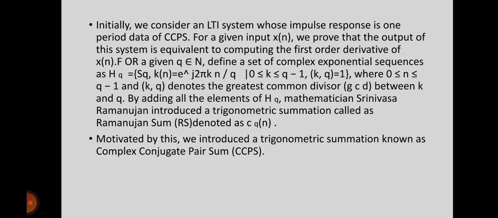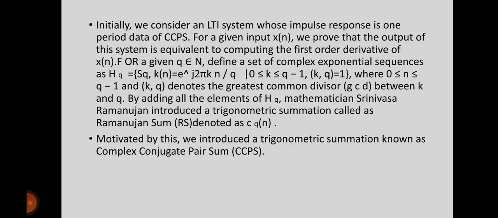By adding all these elements of H q, the mathematician Srinivasa Ramanujan introduced the trigonometric summation called the Ramanujan sum, shortened as RS, and denoted as c q of n.